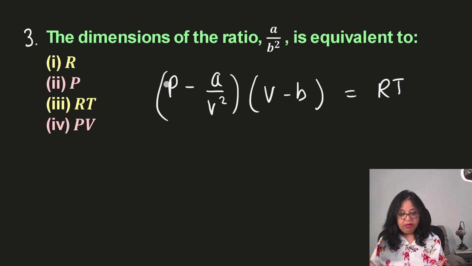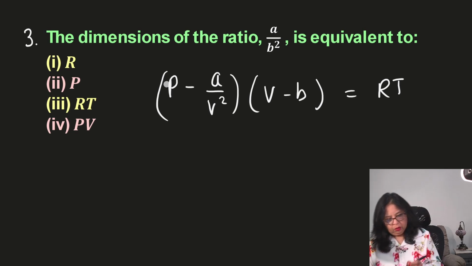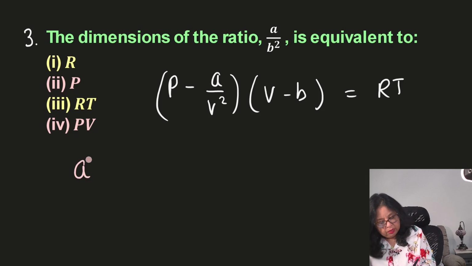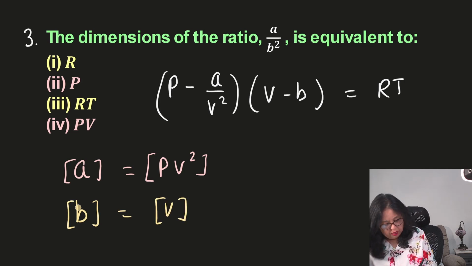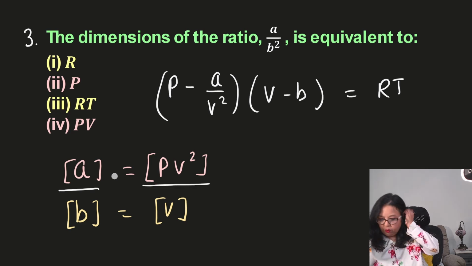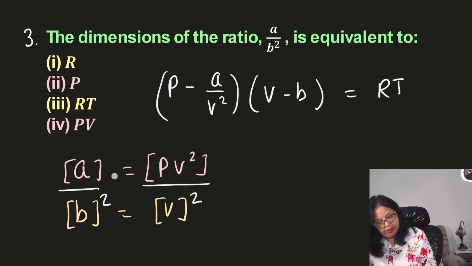And we're asked if that ratio is equivalent to R, P, RT, or V. So we already know that the dimensions of A are PV squared. And we also know that the dimensions of B are simply V. Let's go ahead and divide these equations and square the bottom.